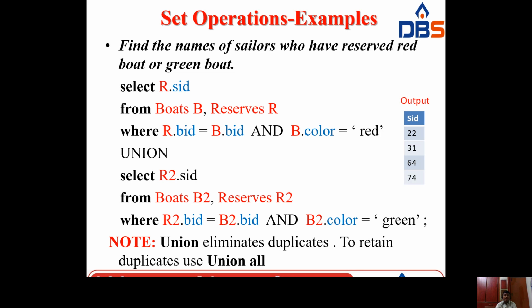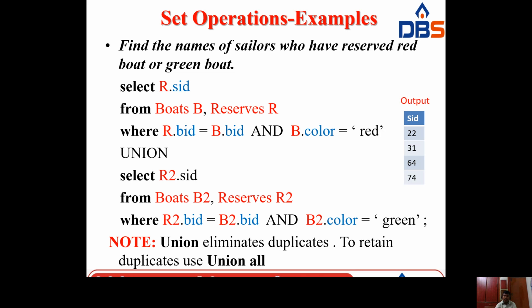Some examples of this: find the names of all sailors who have reserved a red boat or green boat. Now here this is about select R.sid from boats B, reserves R. Here boats B and reserves R have the same set of columns and the same set of types. Here we are displaying SID from boats as well as reserves.